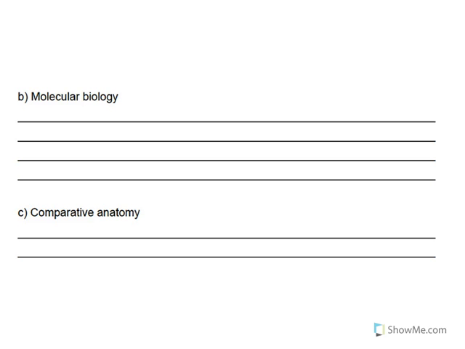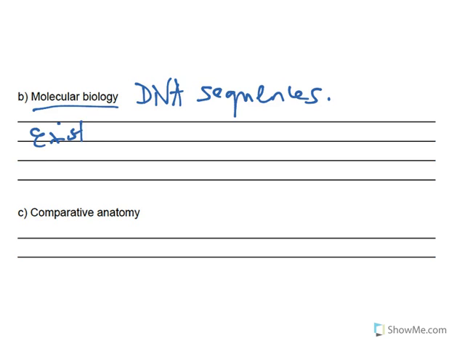Okay, molecular biology. Well, it's a similar sort of thing. With molecular biology, what we're looking at is DNA sequences. So instead of comparing fossils and ordering these through history, what we can do is sequence existing species.